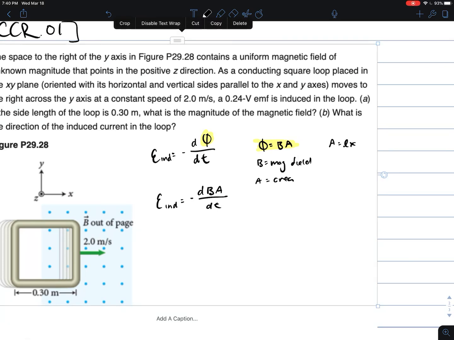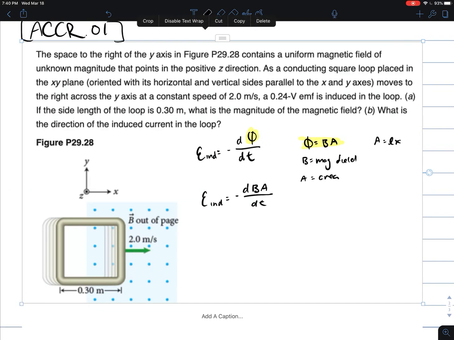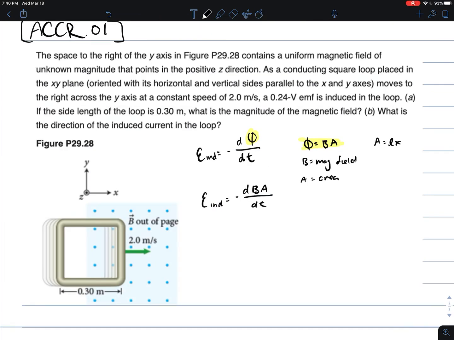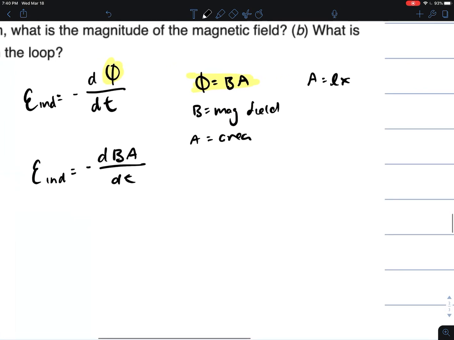So that'll give us that, and now we can take the B out of this, making it B times dA over dt. So that is just including this into that equation.